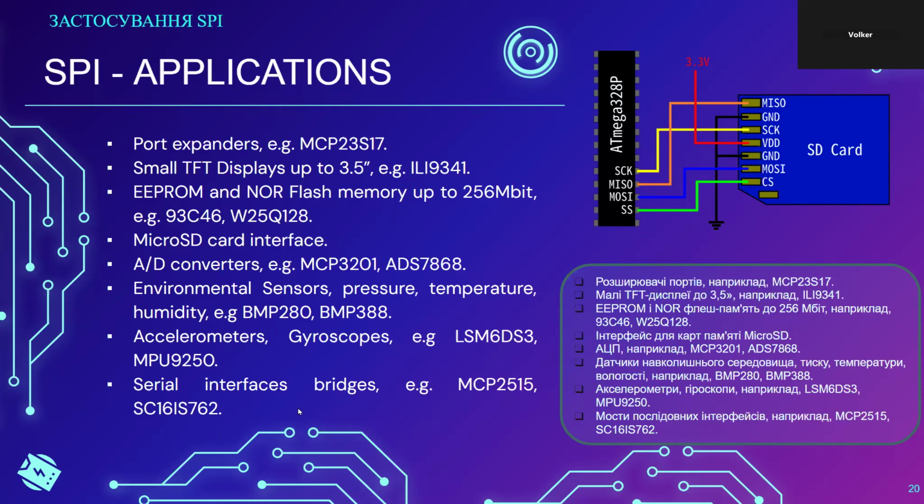The same thing with the SC16IS762. In this case, it's a separate UART. It's a separate chip that you can connect to through the SPI interface, and it implements, I think, a double UART actually.